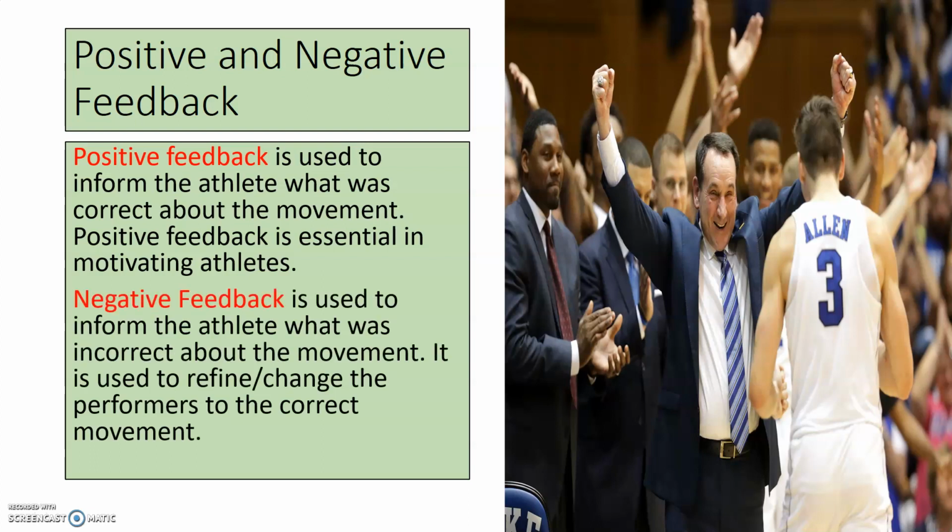Negative feedback, on the other hand, is where we inform the athlete of what they've done incorrectly. We give that feedback because we're trying to refine the performer's movements. It might be little aspects of their technique, or they may have done something specifically wrong. You can think about it from a class point of view, away from a sporting context, in terms of the behaviour system you have in place in your school.